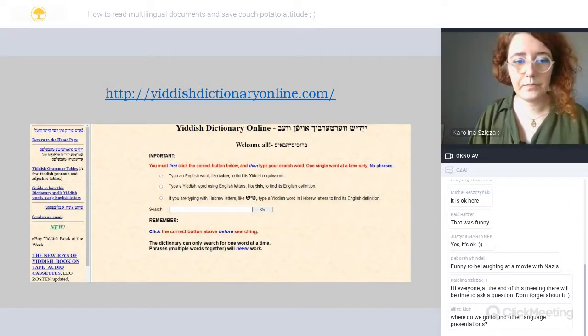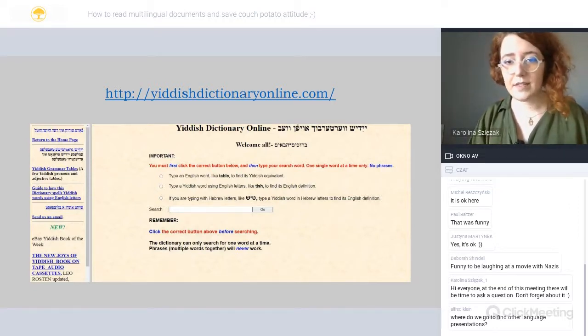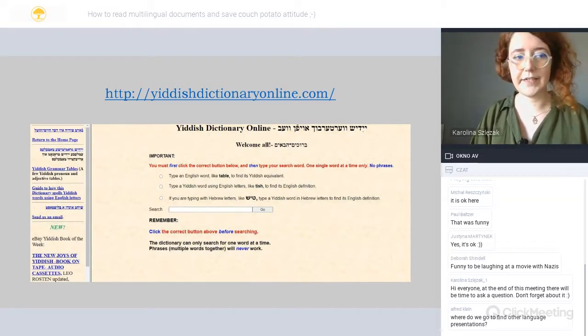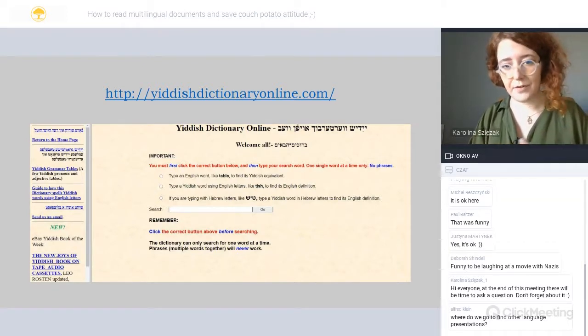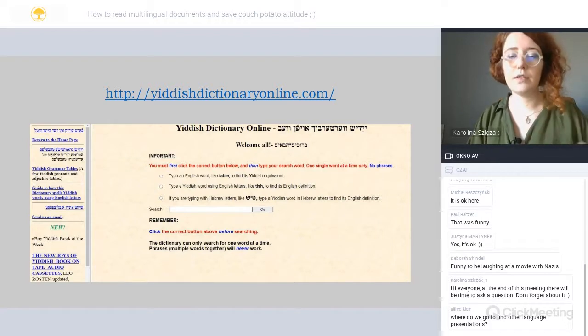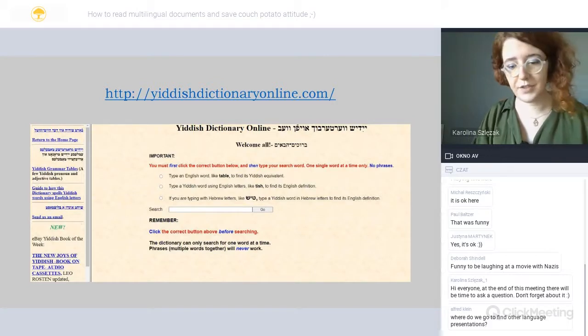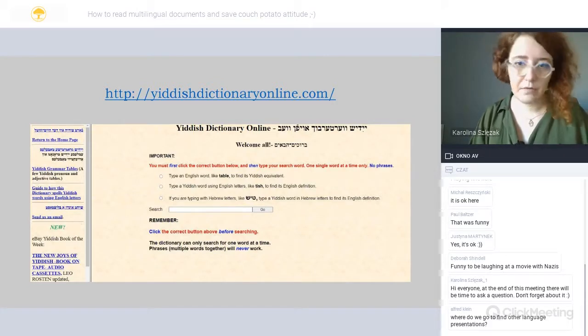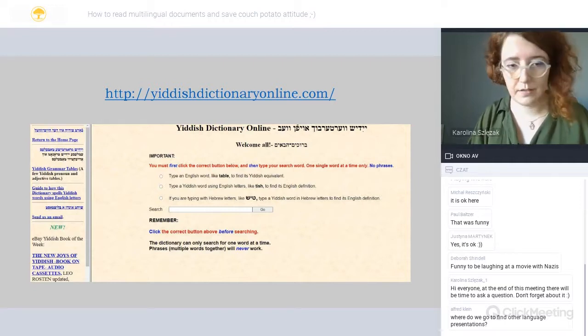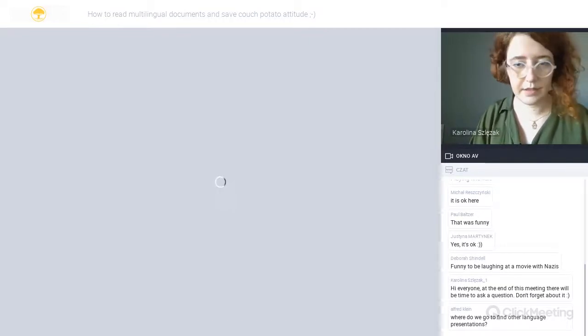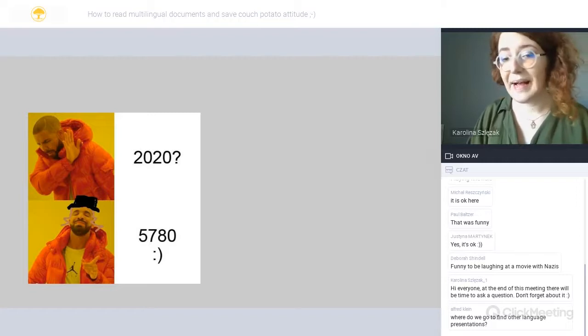And that's why the spelling differs when we read sources with names, for example, names of towns or surnames from Yiddish written in Polish, German, English, Russian, and so on, Lithuanian.